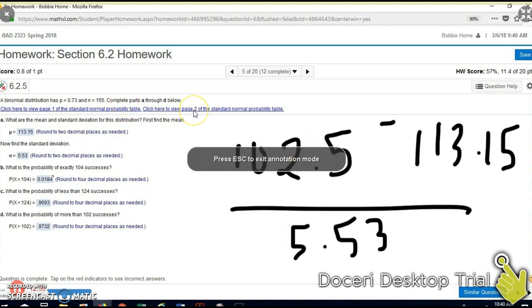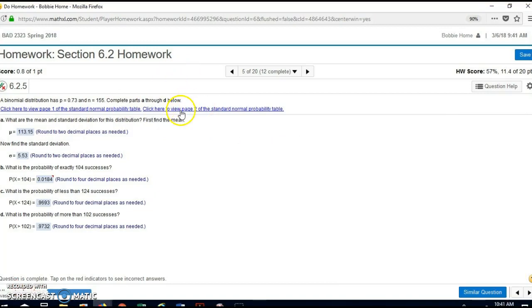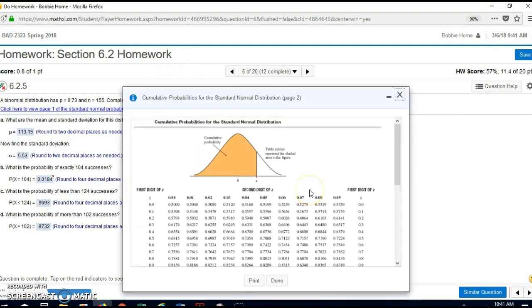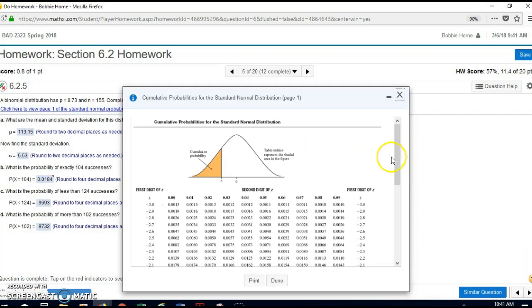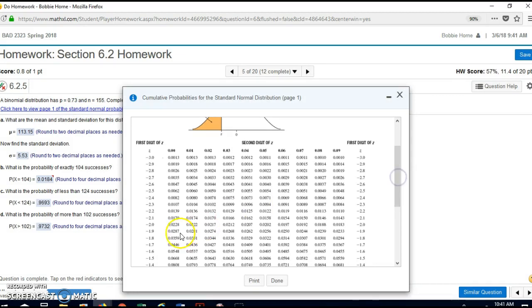If you look up negative 1.93 on your table, you get 0.0268, but that's the less than side too. So to get the greater than side, you say 1 minus 0.0268, and that is how you get 0.9732.